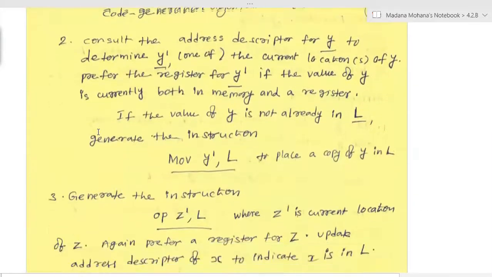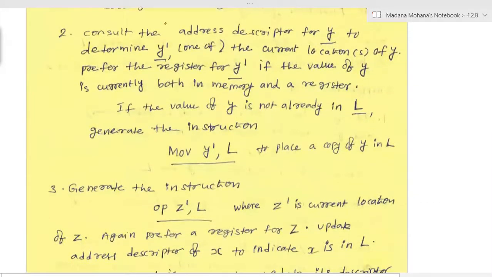Then the second step: it consults the address descriptor for y. What is y here? x equal to y op z, the left operand. First it consults the address descriptor for y to determine y dash, one of the current locations of y.